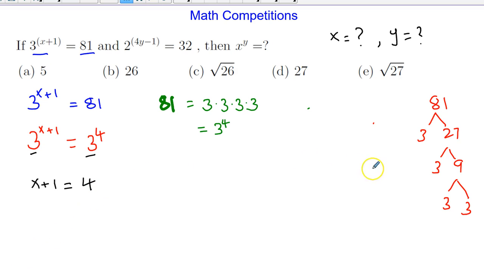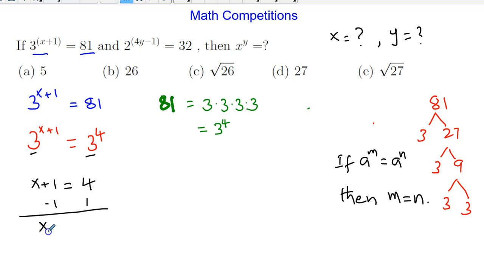I just used this: if a to the power of m is equal to a to the power of n, then m is equal to n. So from x plus 1 is equal to 4, take away 1 on both sides, you have the value of x is equal to 3.